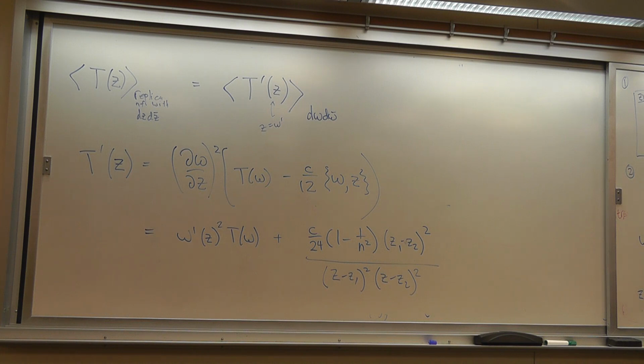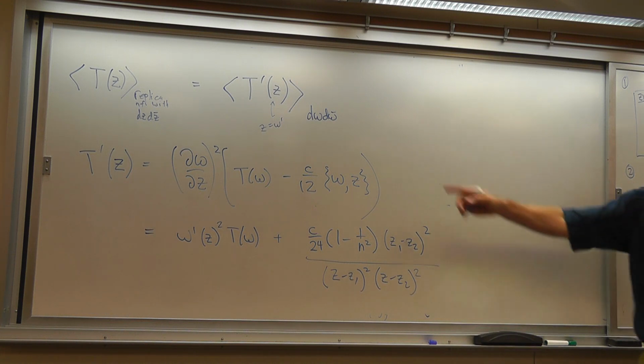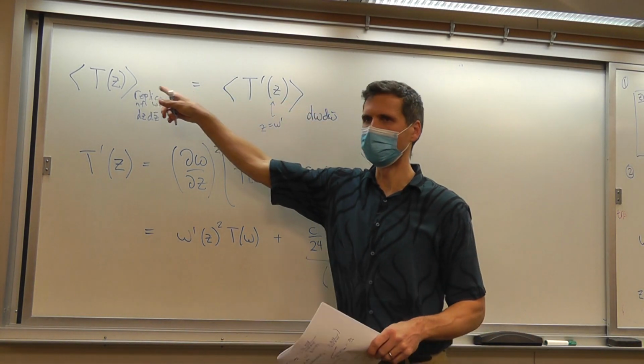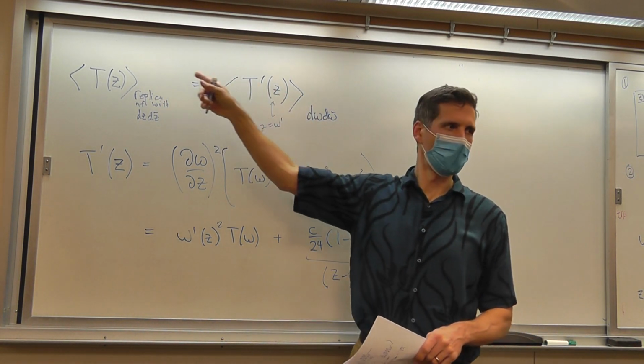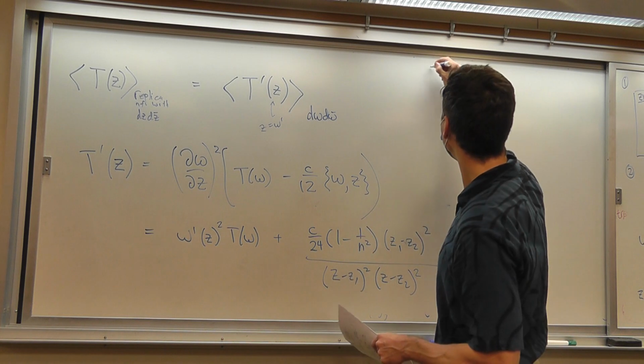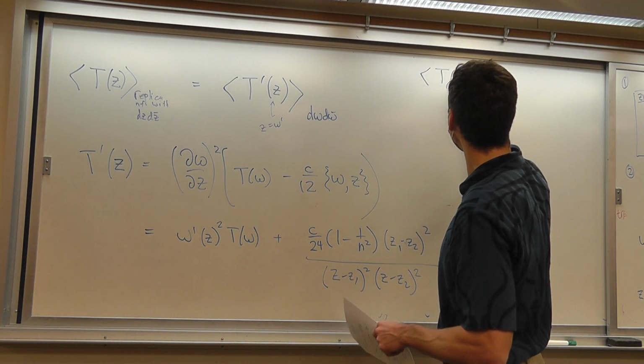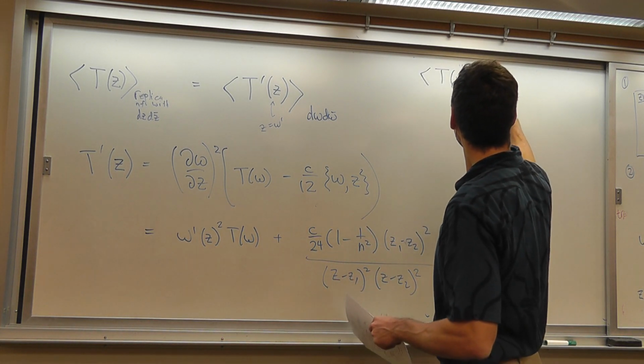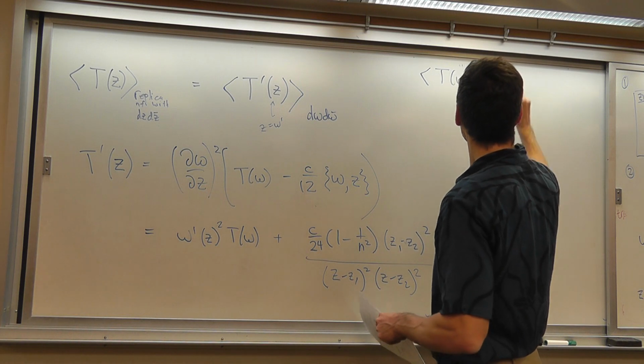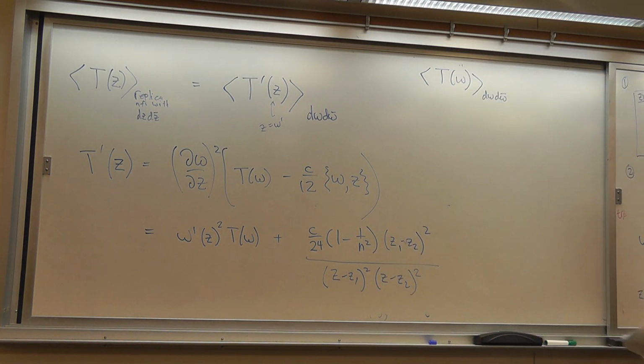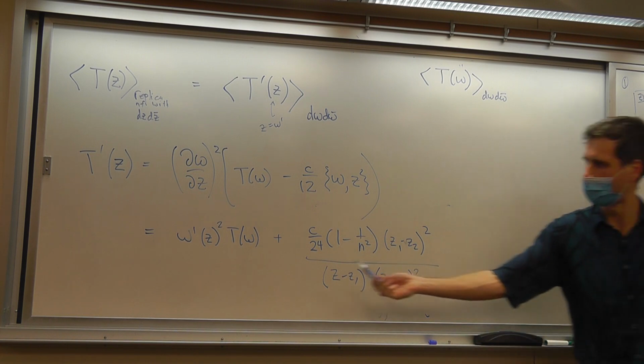Now we're going to evaluate its expectation value. In order to apply this formula, we just need to take the expectation value on both sides. Now, T of w in the metric dw bar, that's the first term.